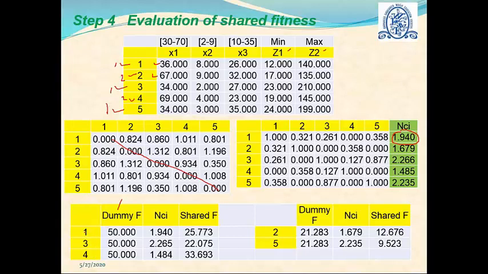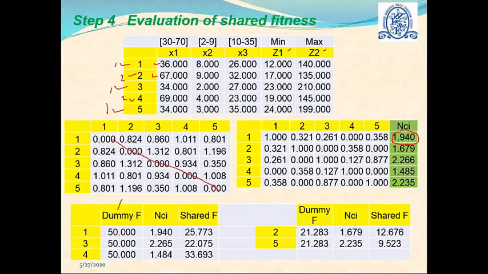For example, the niche count for solution 1 is 1.94, for solution 3 it is 2.26, and for solution 4 it is 1.48. You can observe here that solution number 3 is dominating, and hence in order to maintain the diversity, we have to minimize the effect of solution number 3. So how can we do that?